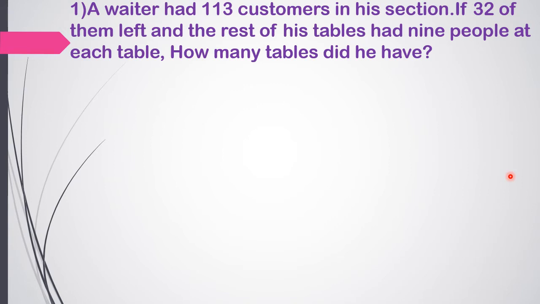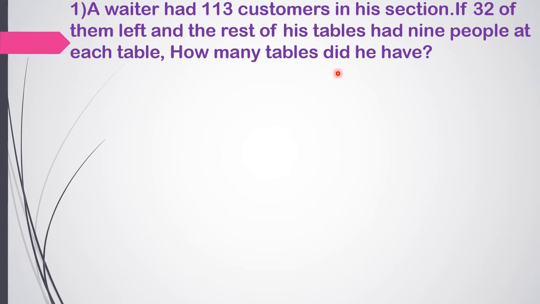Now, the rest of his tables had 9 people at each table. We have tables and chairs in hotels, isn't it? So the rest of his tables had 9 people at each table. Each table had 9 people. Now we are going to find out how many tables he had.